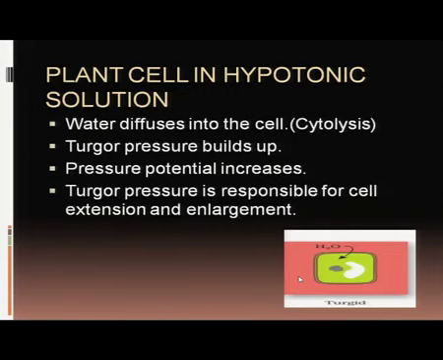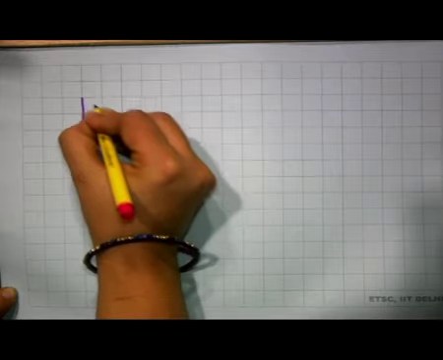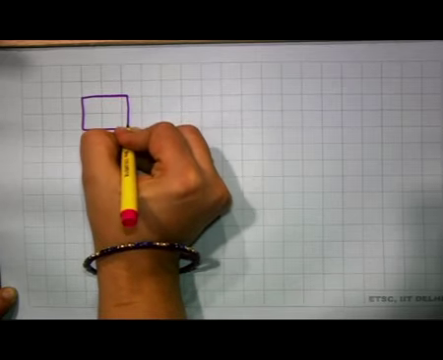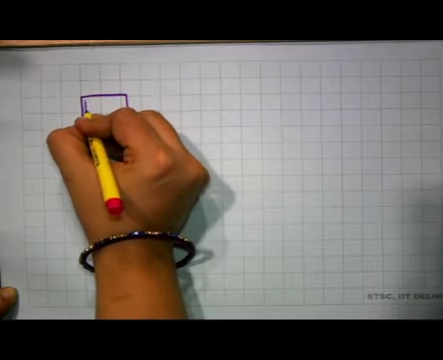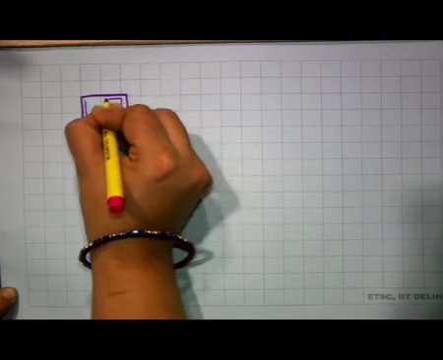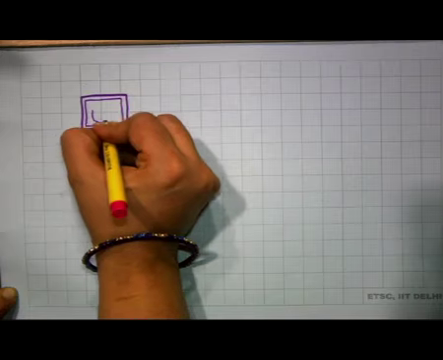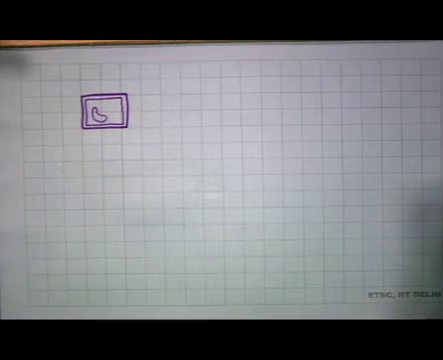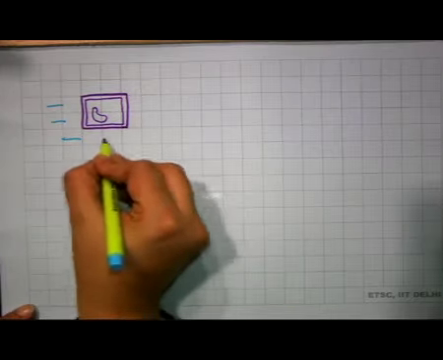Suppose this is a normal cell. This is the cell wall, cell membrane, and a vacuole where it was put in a hypotonic solution.